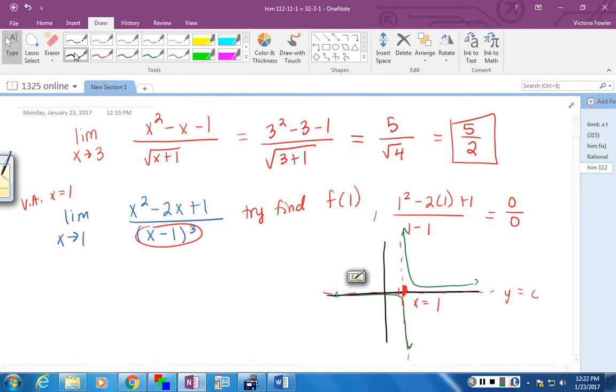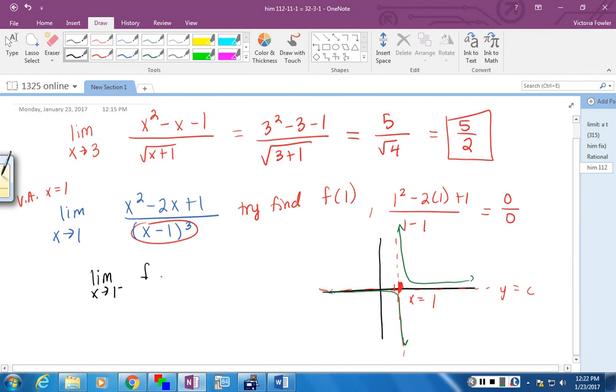But this tells me if I look from the left, take the limit as x approaches 1 from the left using that notation, it looks like my function, let's call it f, shoots off to negative infinity.